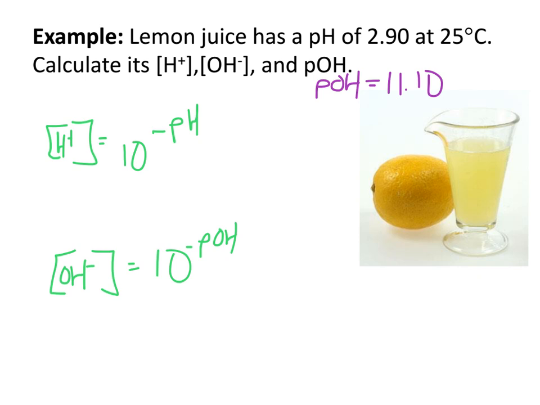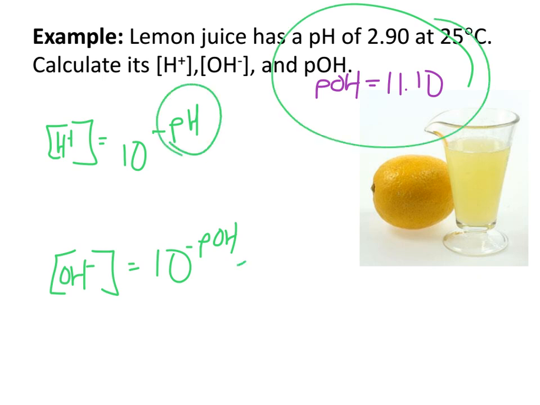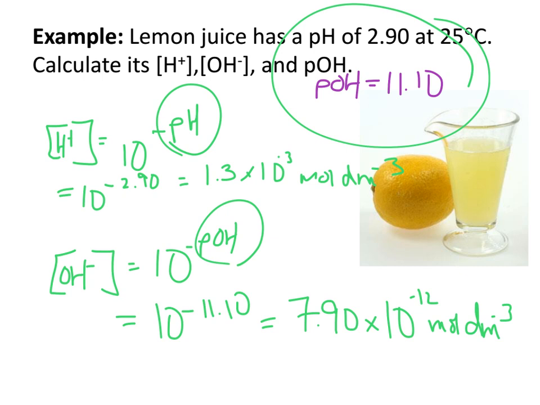So I'm just going to plug in the values I already have for pH and pOH. So the hydrogen ion concentration will be 10 to the negative pH, and that comes out to be 1.3 times 10 to the negative third. Because we're solving for concentration, I'm going to use the molarity units, or in IB style, that would be mol dm to the negative third.